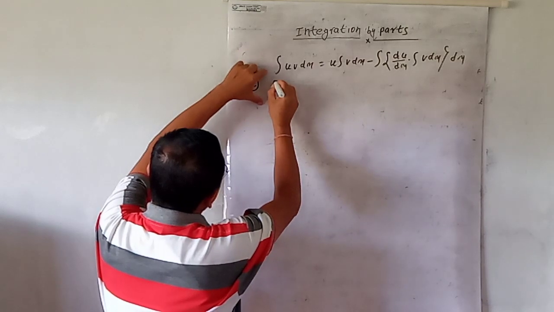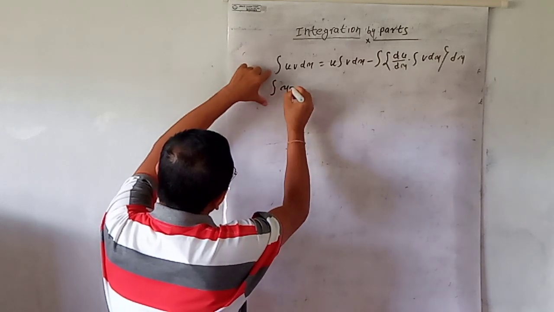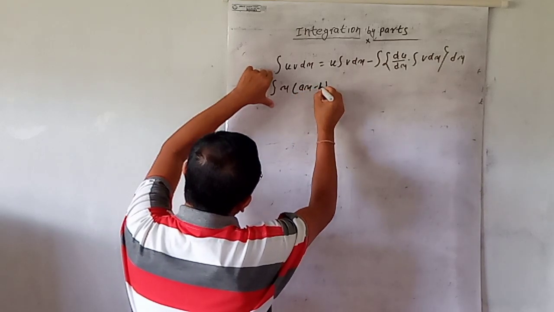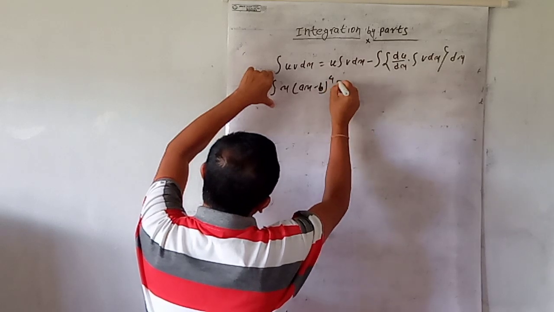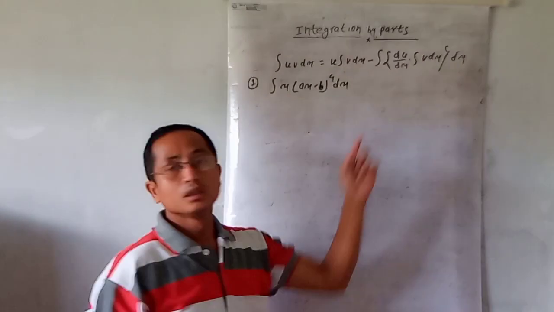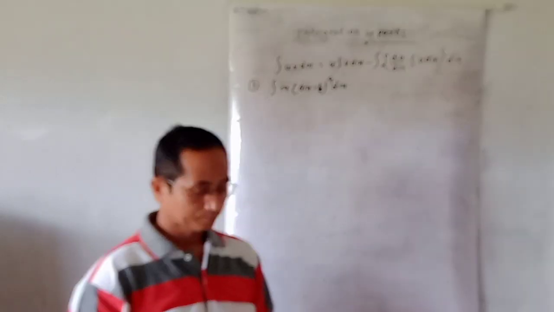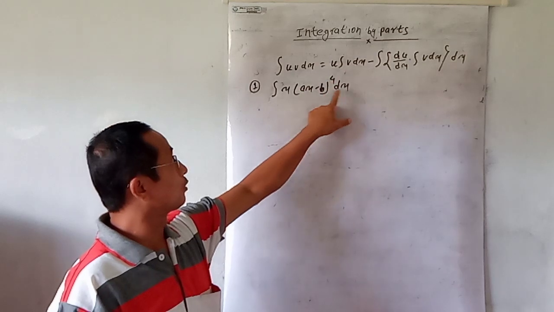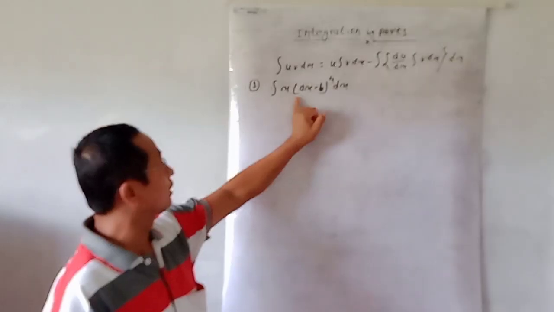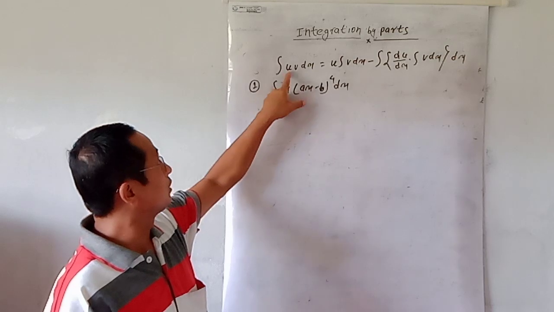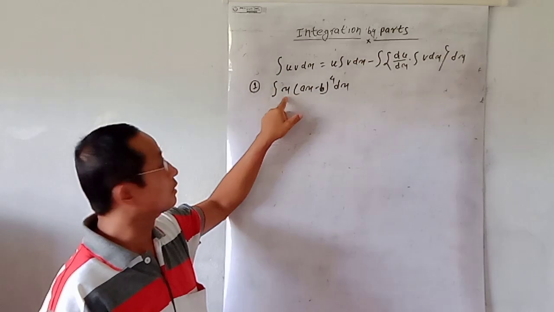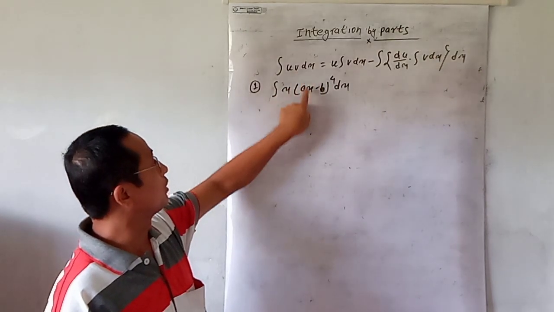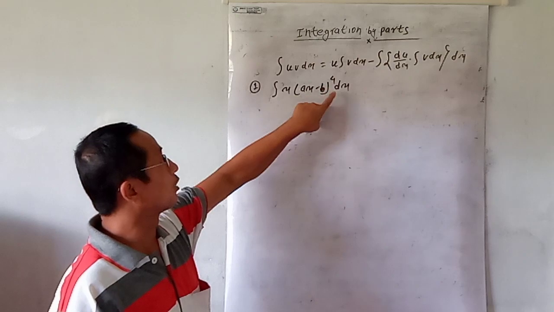Look at one example question I have taken here. If you have to find the integration of x into (ax minus b) power 4 dx, of course look here, x is one function, u is equal to x we can say, and (ax minus b) power 4 is another function, v is equal to (ax minus b) power 4 dx.